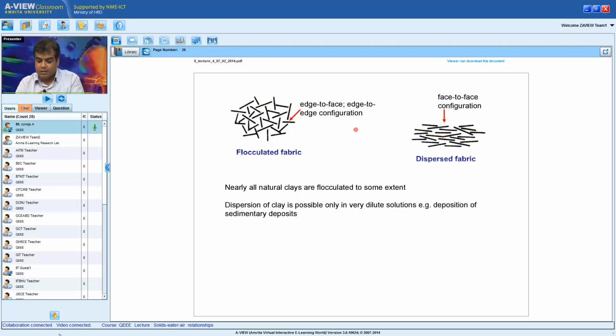Again, this dispersing agent which you add into the soil, it's very interesting to see that many of our research students, when they want to produce clay which is dispersed, add this dispersing agent to the clay slurry and then consolidate it. They want to do a triaxial test or some test on this soil, but want to prepare it dispersed because they want to mimic how nature has deposited the soil.